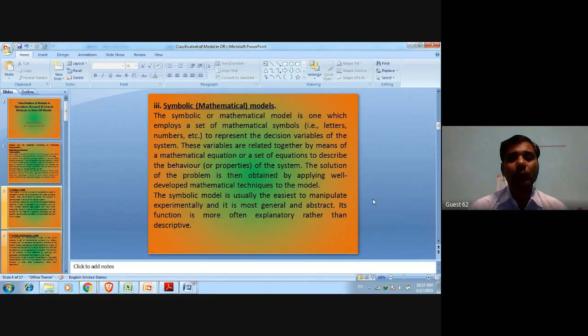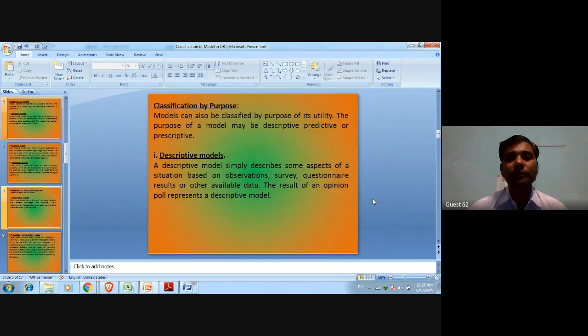Now, what is the next classification of models? That is classification by purpose. A model can also be classified by the purpose of its utility. The purpose of a model may be descriptive, predictive, or prescriptive. Descriptive means describing some aspects in detail.